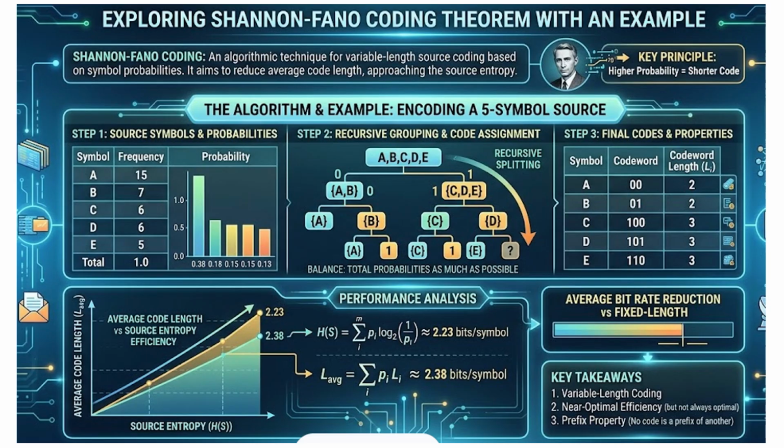The first question is: what is Shannon coding? It is an algorithmic technique for variable length source coding based on the symbol probabilities. And what is the objective? The objective is to reduce the average code length.